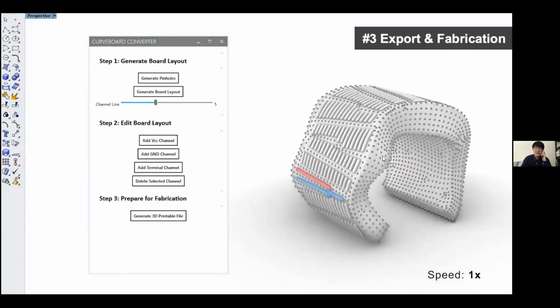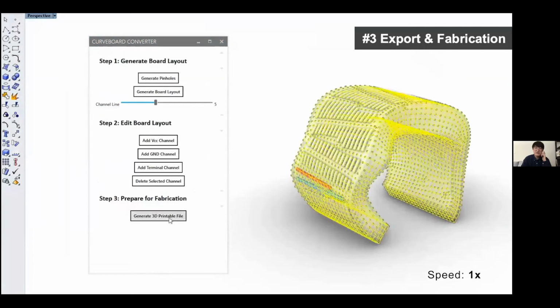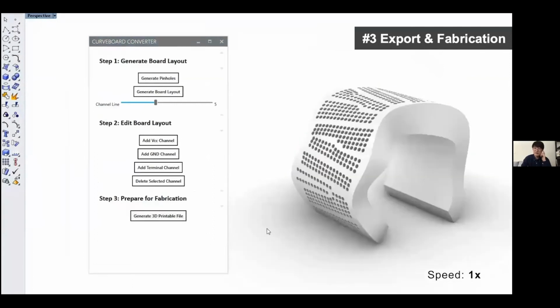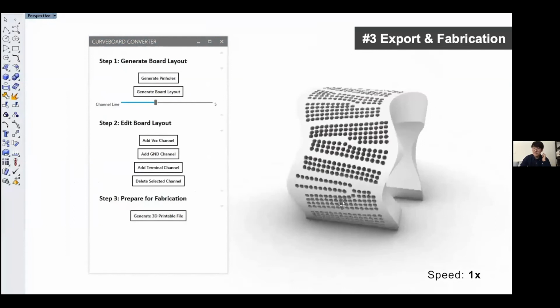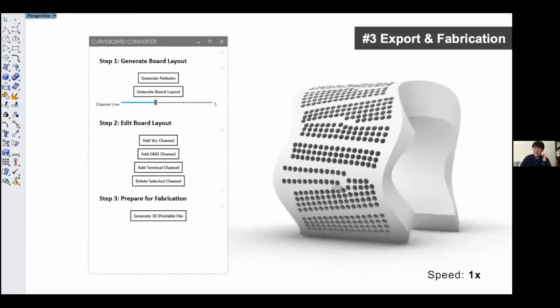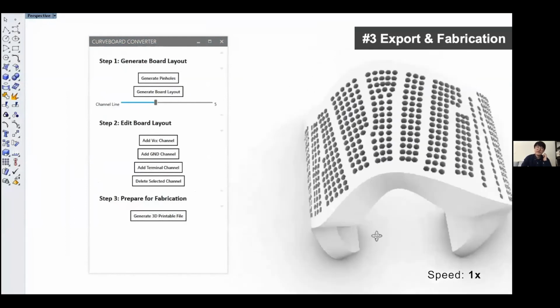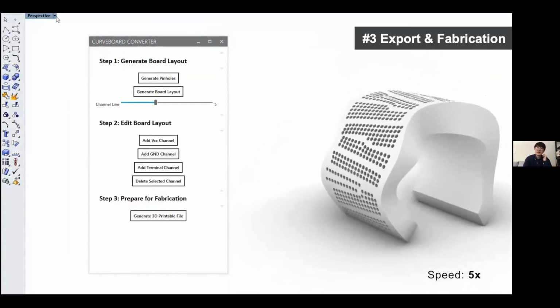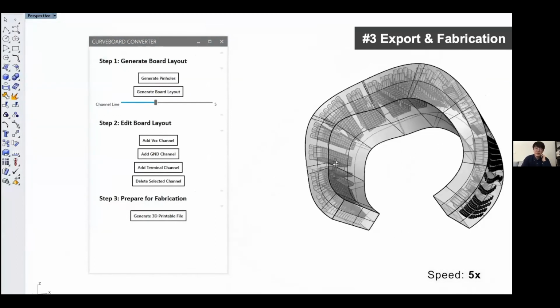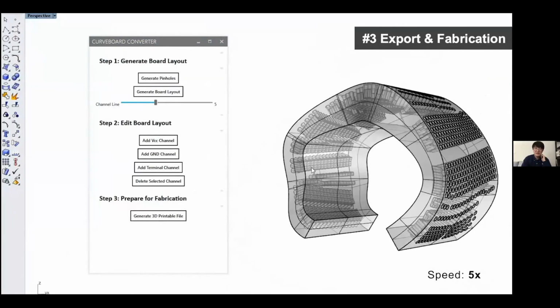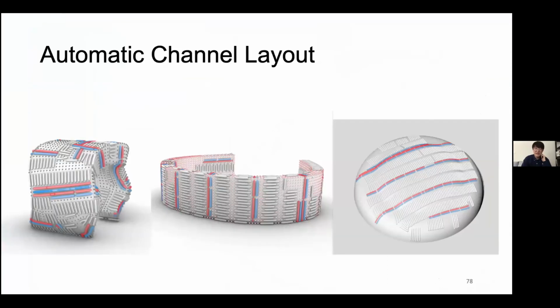Once satisfied with the design, we'll export the file for fabrication. Notice that all the pinhole layouts are as indicated by users. And on the inside, all the channels are interconnected as designed. CurveBoards also provide automatic channel layouts to use as a starting point.